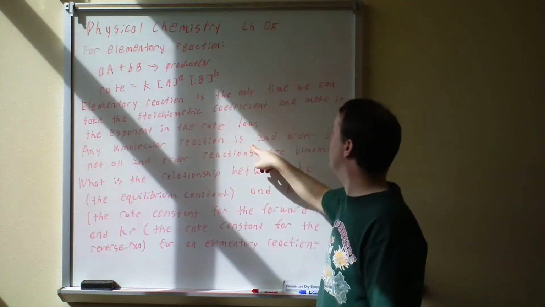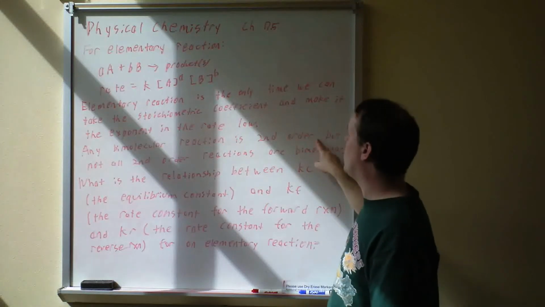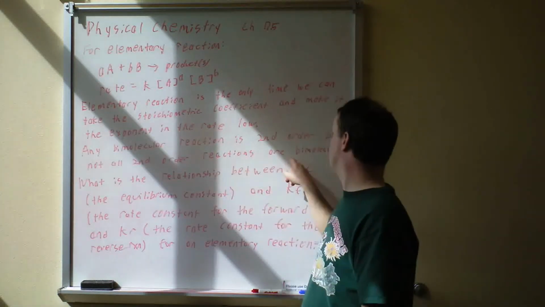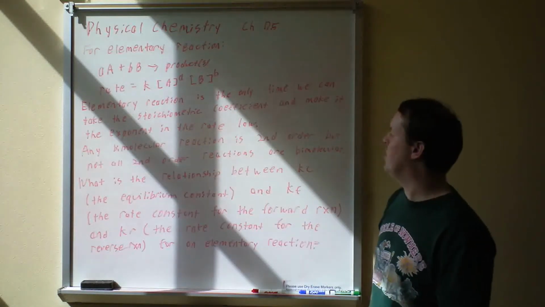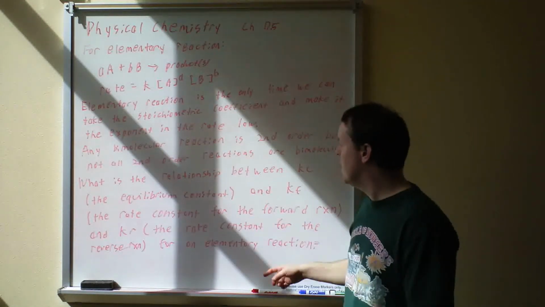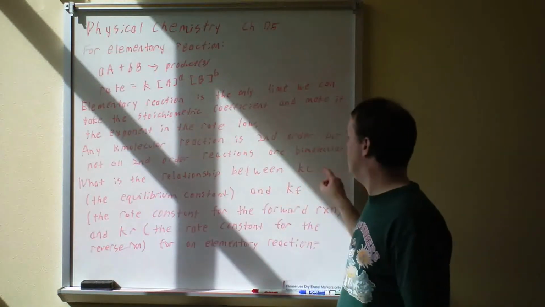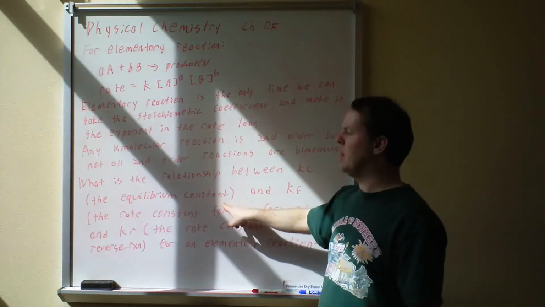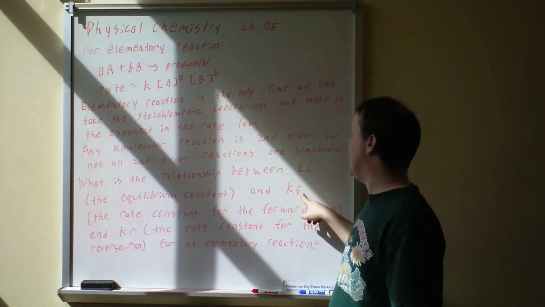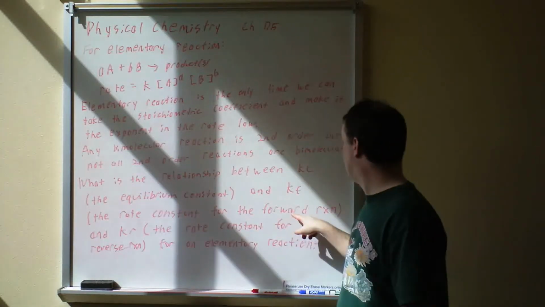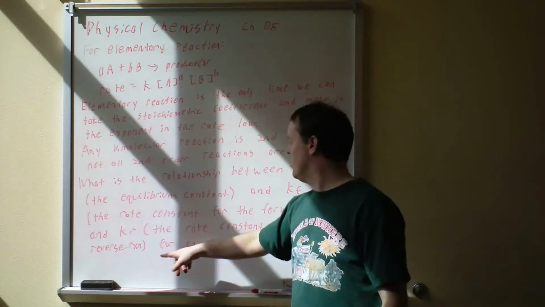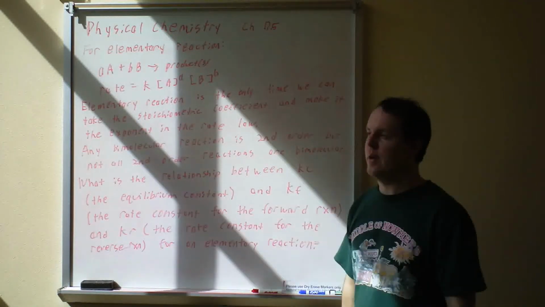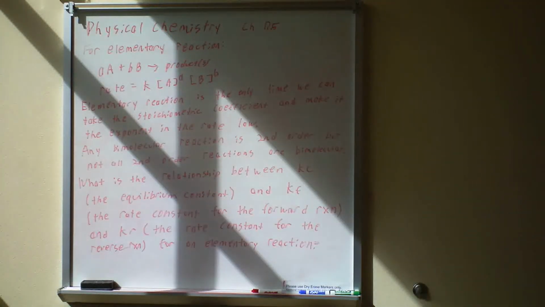So any bimolecular reaction is going to be second order, but not all second order reactions are bimolecular. Because if you have a second order reaction, it could have multiple steps, and those steps could be all sorts of different orders. So what is the relationship between Kc, which is the equilibrium constant, and Kf, which is the rate constant for the forward reaction, and also Kr, the rate constant for the reverse reaction for an elementary reaction? That's what we want to figure out.